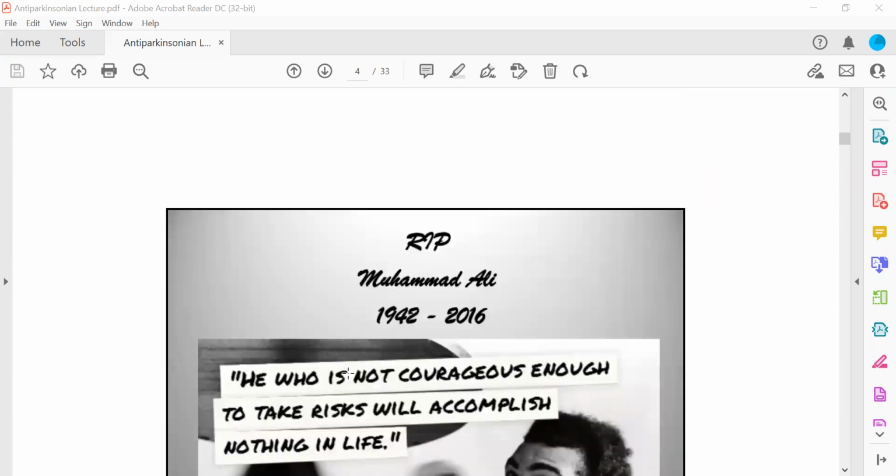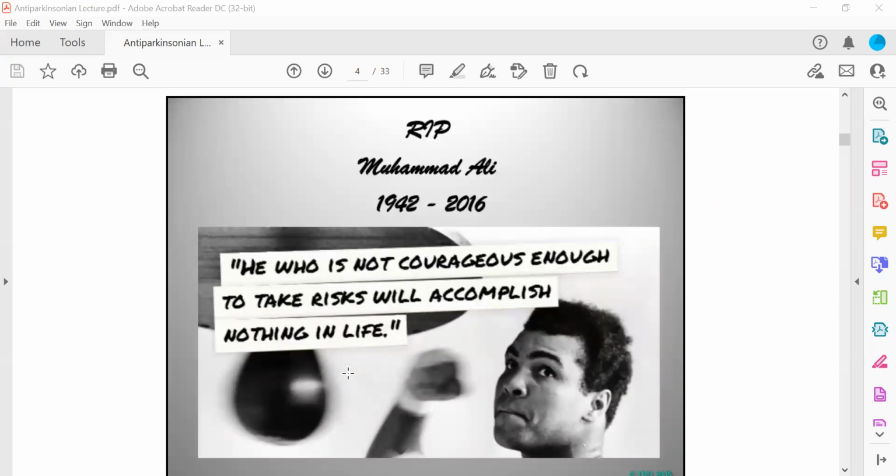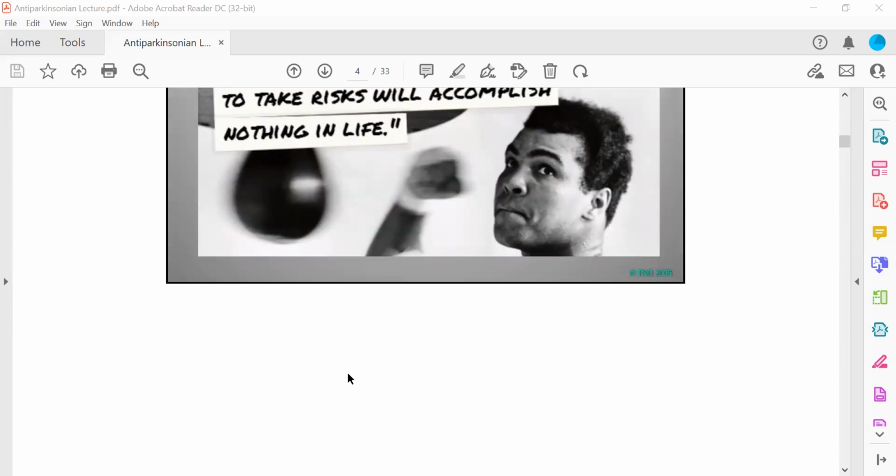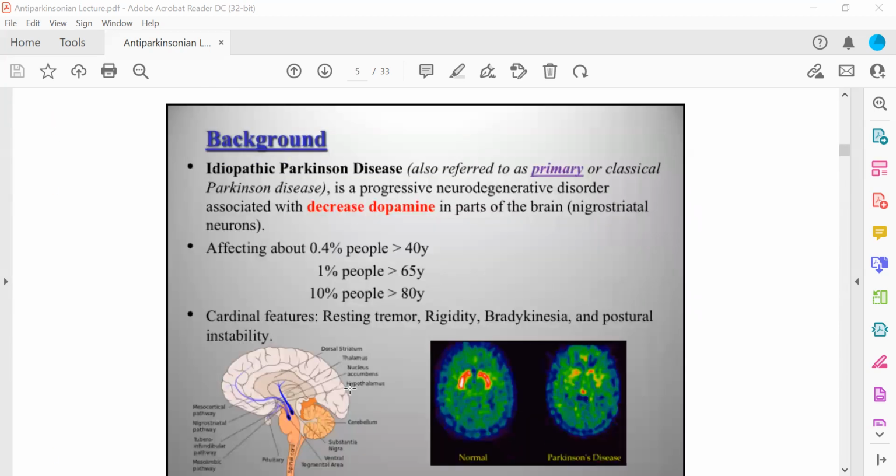If we look at Parkinson's disease, one very famous person that suffered from it was the boxer Muhammad Ali. Also, the actor Michael J. Fox suffered from Parkinson's disease in their life. Then, some background: idiopathic Parkinson's disease, or primary classical Parkinson's disease, is a progressive neurodegenerative disorder. Make a note of this: Parkinson's disease is associated with a decrease in dopamine levels in certain parts of the brain.